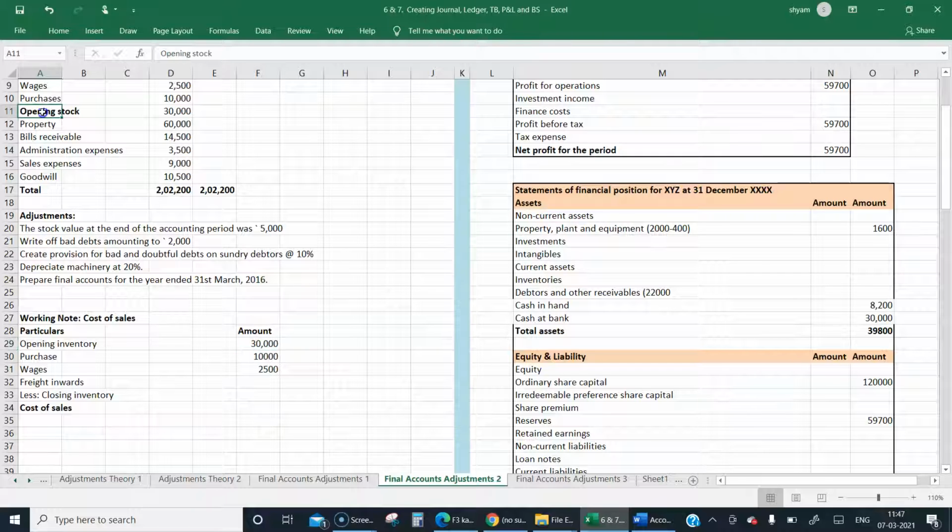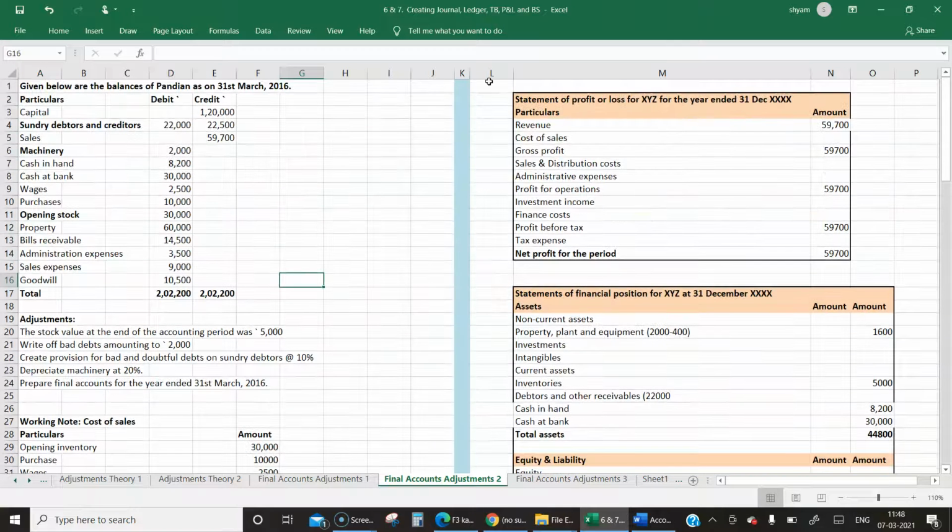As we have opening stock, we'll also use the closing stock now. So closing stock value would be 5,000. And we should also show the closing stock in the SOFP. And we have property, so that is 60,000.